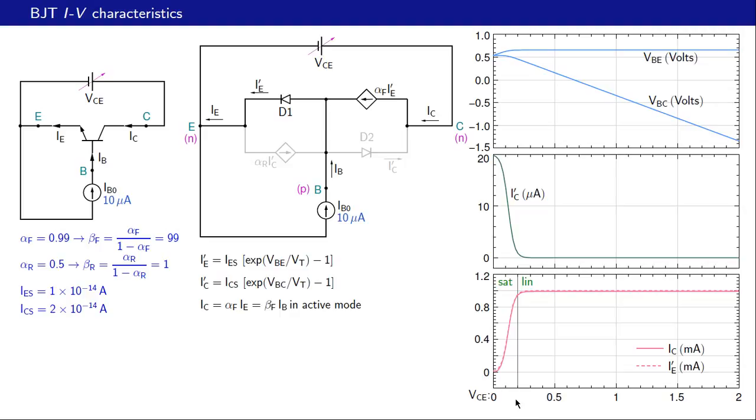At about 0.2 volts, somewhere here, the current IC prime starts rising because the forward bias across the base collector junction has now increased to make IC prime significantly large.